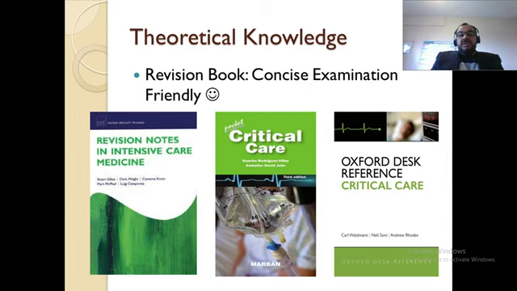Other books which are available and can be used as revision books immediately before the exam are the Booklet in Critical Care and the Oxford Desk Reference in Critical Care. All these books could be considered revision books as they are concise.